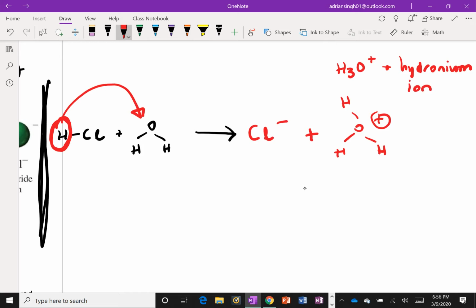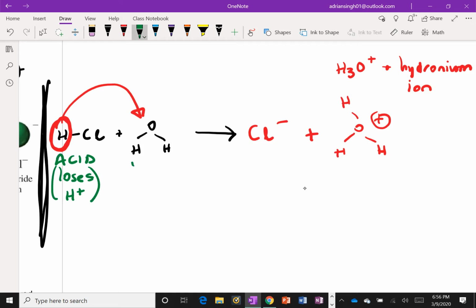So in this simple reaction between HCl and H2O, the HCl here is acting as the acid as it loses H plus. Which means that water has no choice but to act as the base. That's the only place that H plus can go.